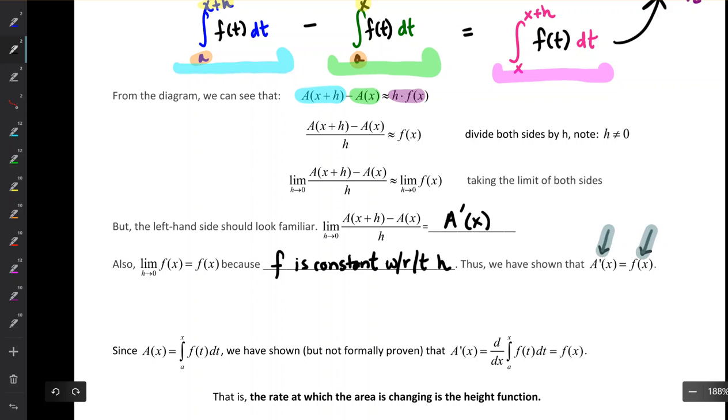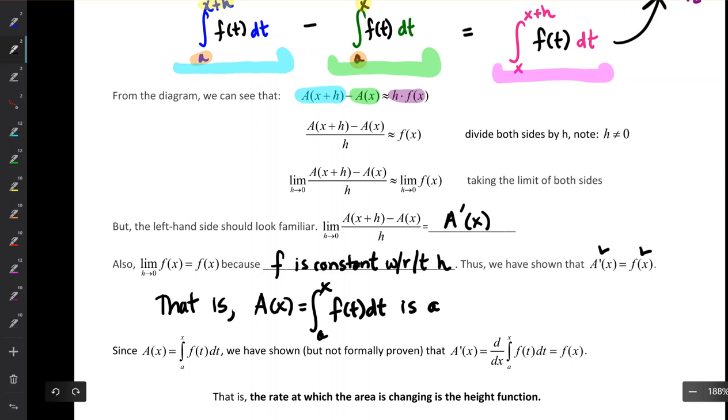In other words, A, what's A again? The integral from little a to x of f of t dt is an antiderivative of f of x.